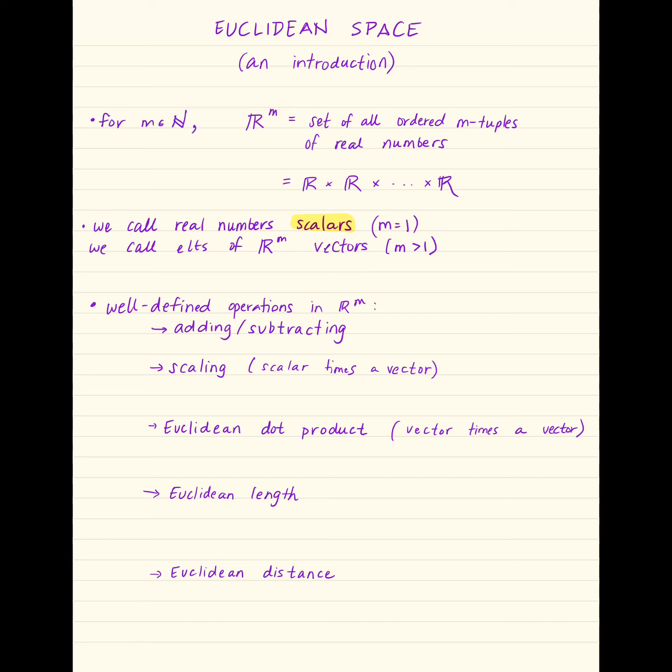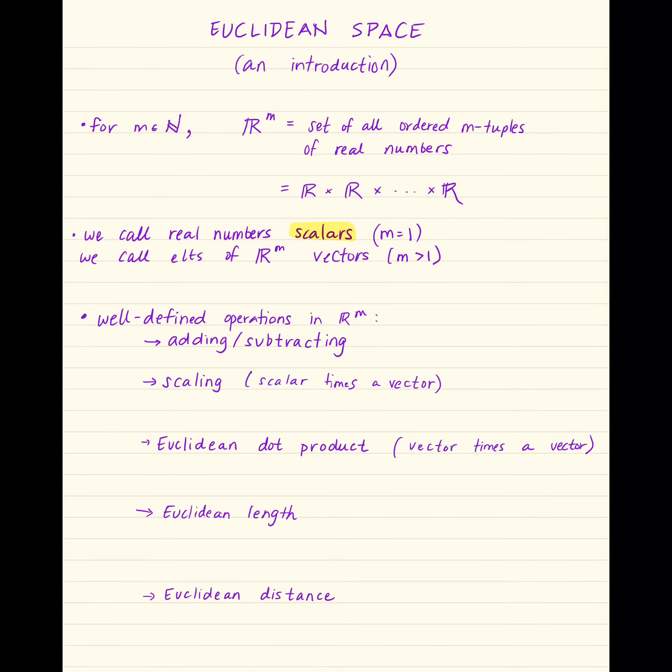Okay, I want to talk a little bit about Euclidean space. Now, we've been working with Euclidean space, with specific Euclidean spaces for a while now. Not in this course, but just in our mathematical careers. But for the sake of completion, no pun intended, I'm going to go ahead and just lay out some small facts here.